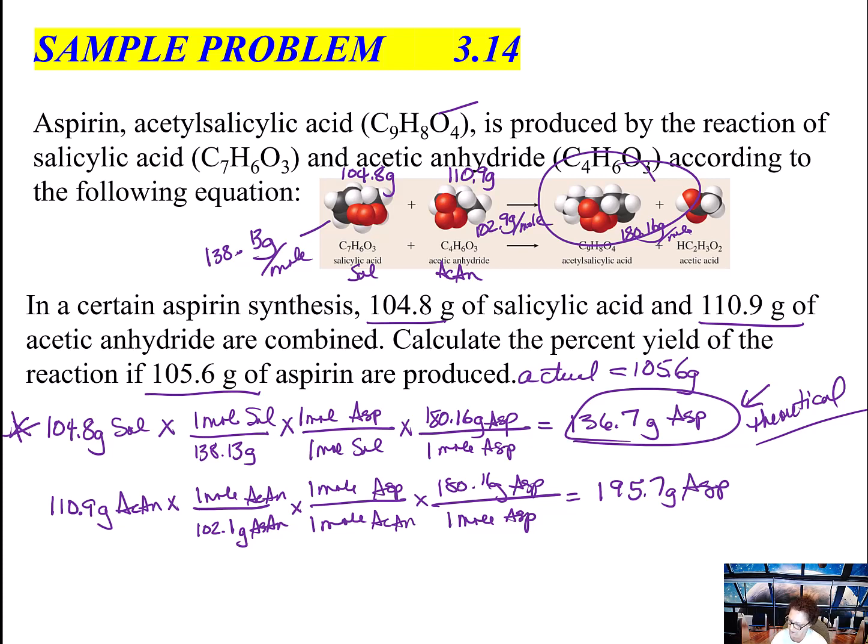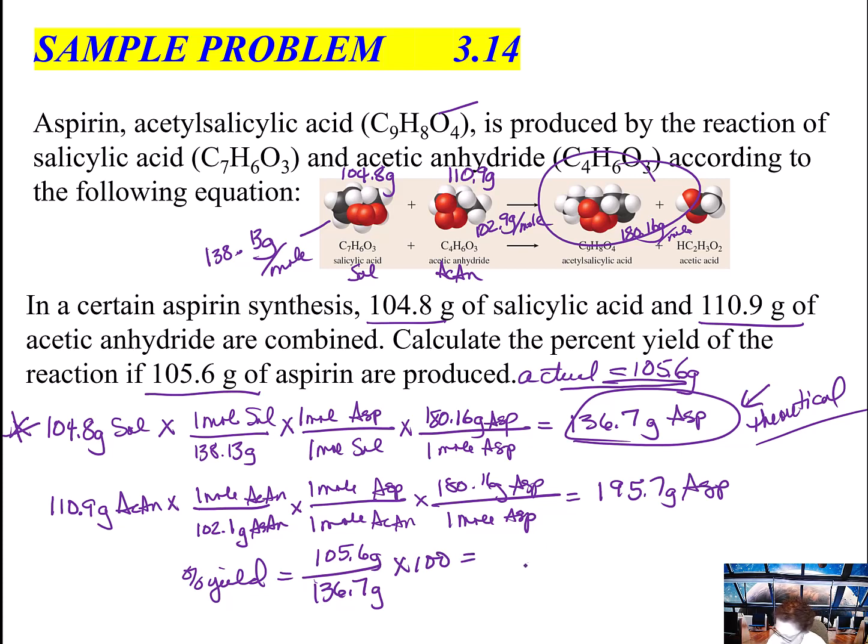So I've actually produced 105.6. So when I want to do my percent yield, that's going to be what I actually got, which was 105.6 grams divided by my theoretical, which was 136.7 grams times 100.